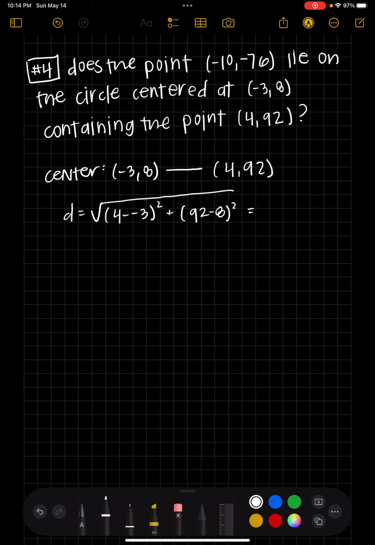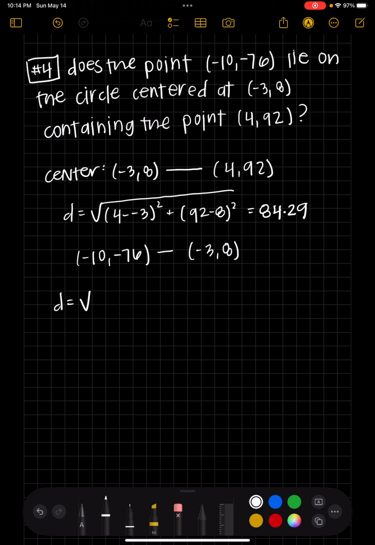And I get 84.29 approximately. Now we've got to figure out if the point (-10, -76) has the same radius with the center. So I'm going to find the distance between this point and the center, which is (-3, 8). Again, let's use the distance formula.